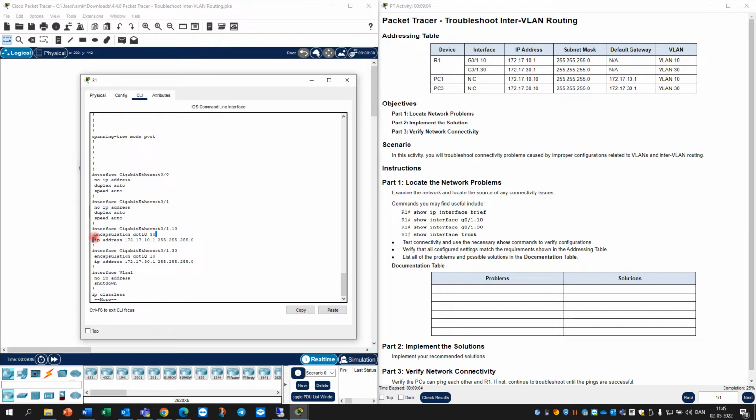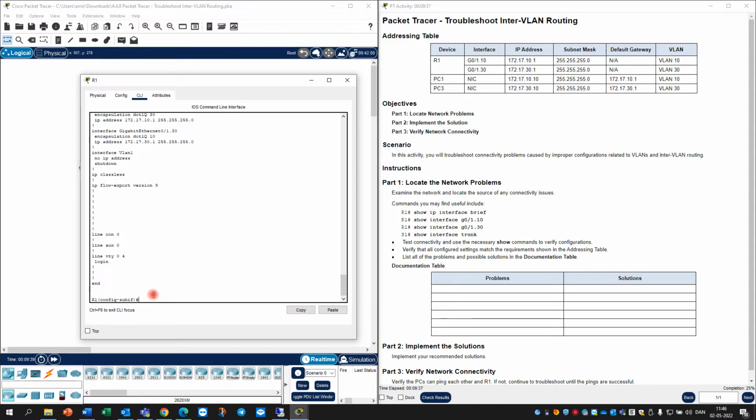Yes, it's a problem here, and also they don't have the right encapsulation. Okay, we should fix it. How can I fix it? Also, what is the IP address? The IP address is correct for VLAN 30 and for VLAN 10. The only problem is here and here.